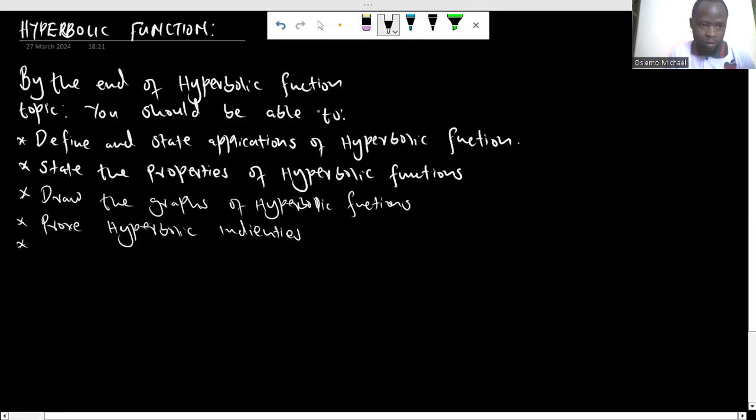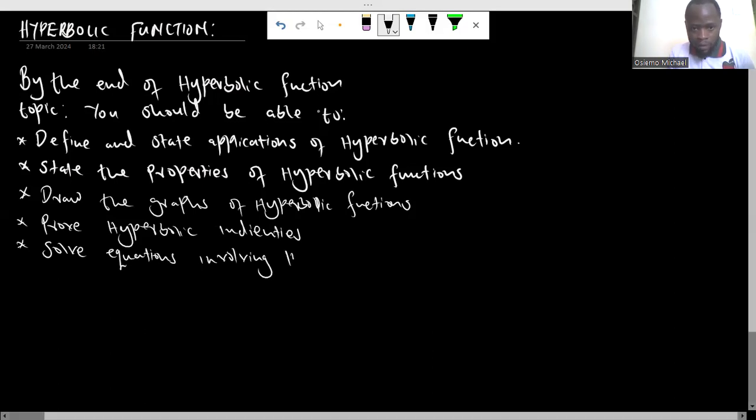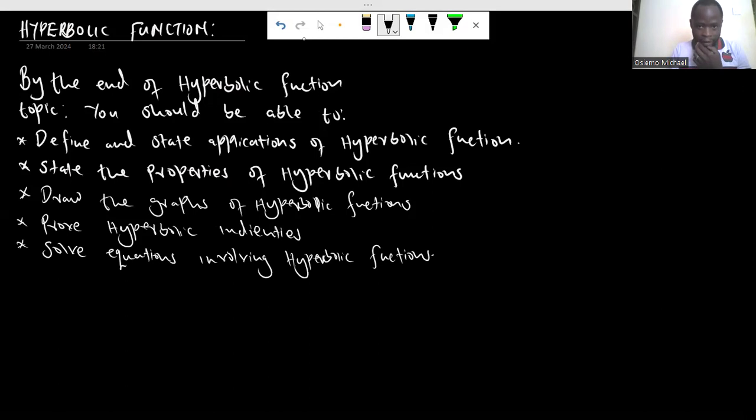Then we should also be able to solve equations involving hyperbolic functions. So let us start. We can start on definitions.